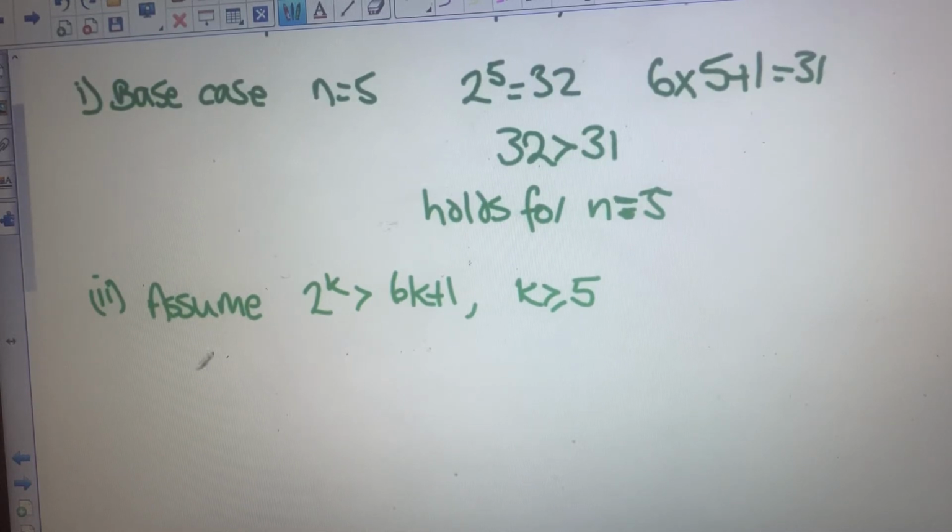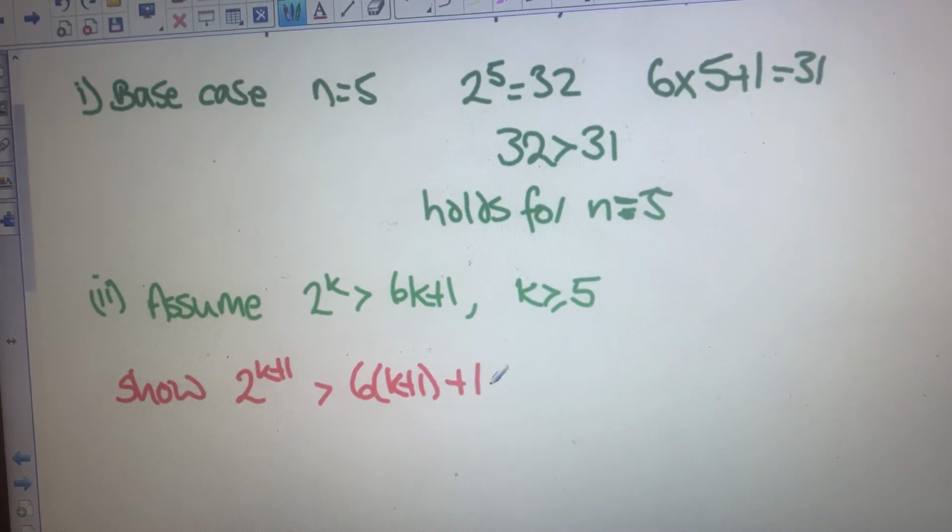So what I now need to do is show that 2 to the k plus 1 is greater than 6 times k plus 1, i.e. 2 to the k plus 1 is greater than 6k plus 7.